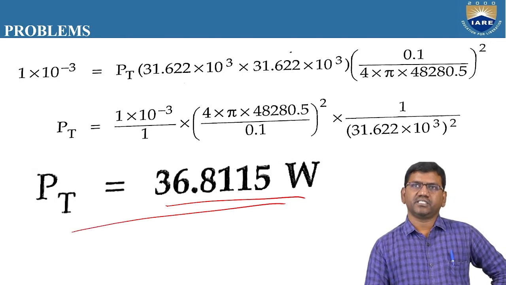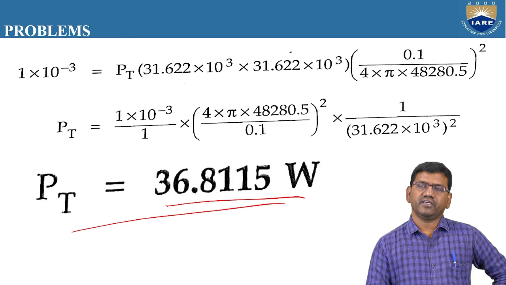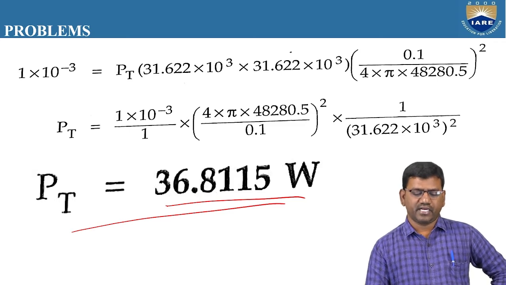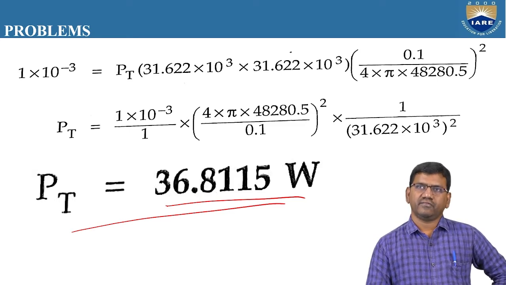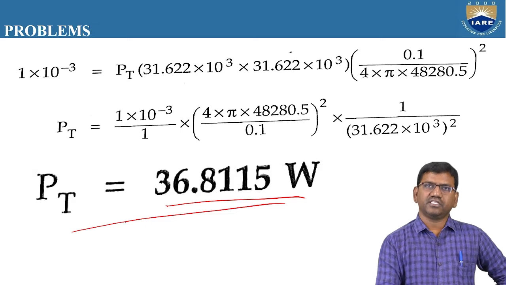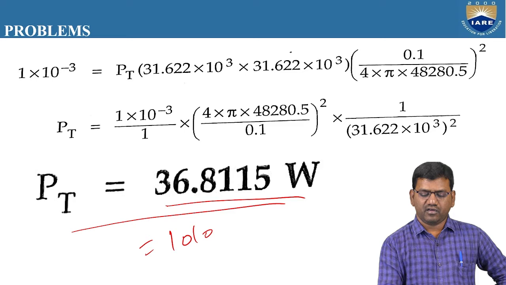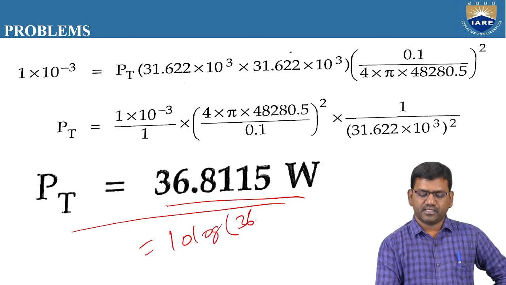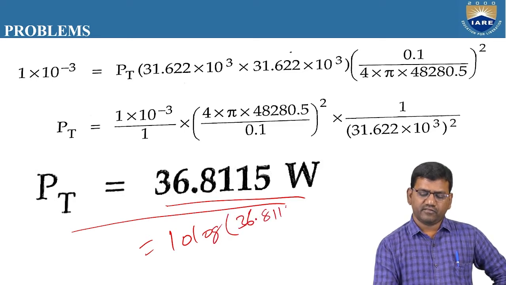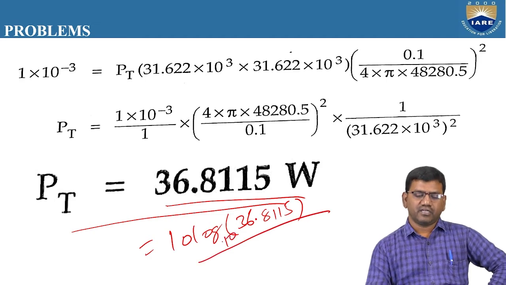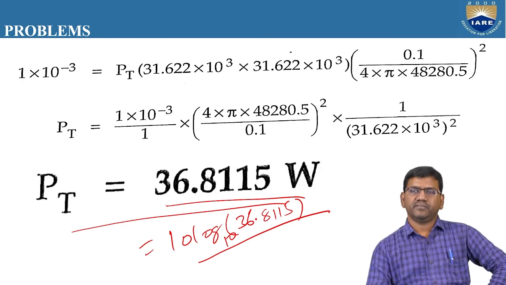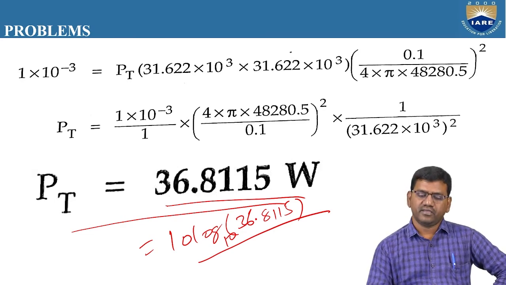The power transmitted is 36.8115 watts. If you want to convert this power transmitted into dB, you can convert it as 10 log 36.8115 base 10.